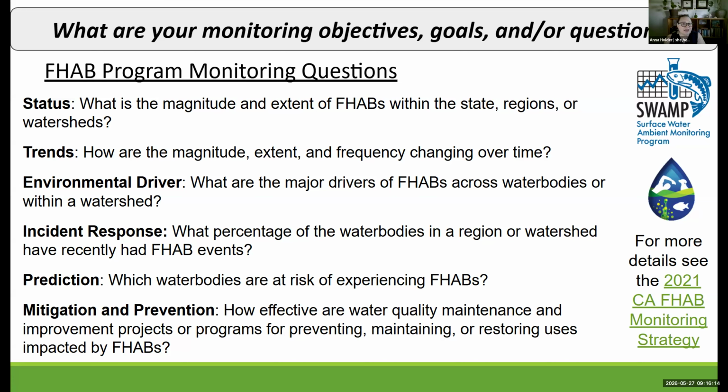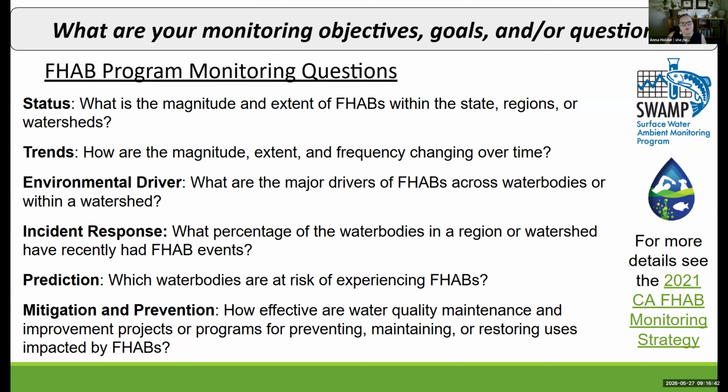The strategy is centered around the assessment of status and trends of HABs occurring in waterways in California, assessing the environmental drivers of HABs, incident response, as well as mitigation and prevention of harmful algal blooms. And then altogether, the information from monitoring informs these questions, those on the slide, to help prioritize actions and address the causes of impaired water quality.